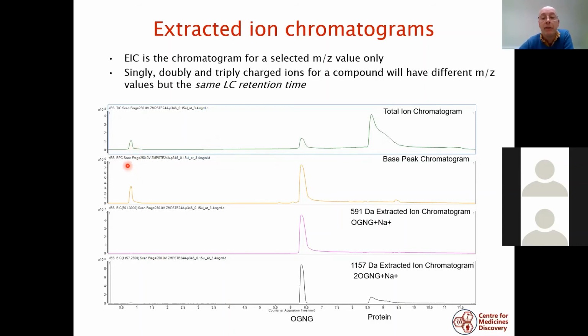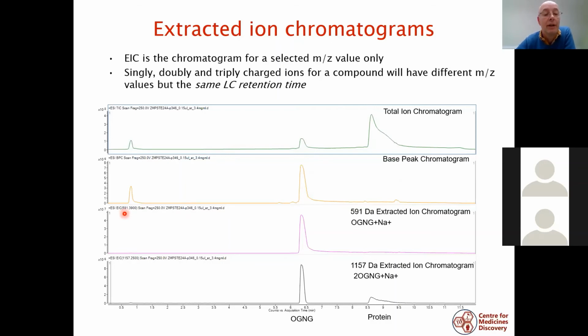This is a base peak chromatogram. Very often it's similar. In your base peak chromatogram, this is the mass of the most abundant ion in your spectrum, plotted against time. But an extracted ion chromatogram is where you've selected a particular m/z of interest.